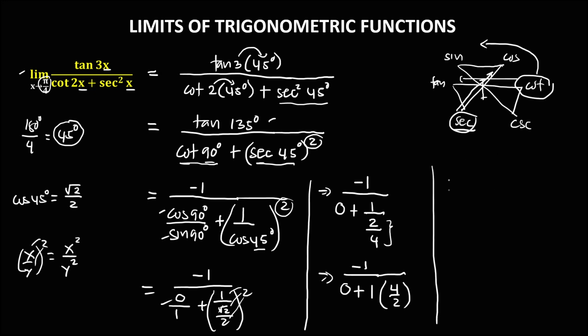Then to simplify, we have negative 1 over 0, plus 1 times 4 divided by 2, this is 2, so we have negative 1 over 2. So the limit is equal to negative 1 over 2.